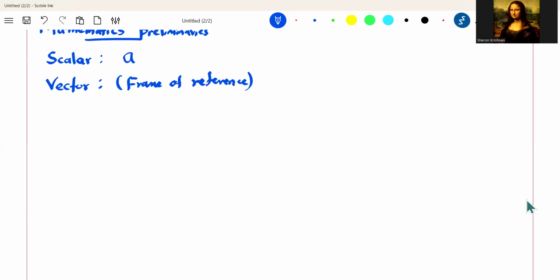You need one stationary point, and at that stationary point we need the coordinate system. For example, in 2 dimensions we have only x and y. So you need one point, and this point is the frame of reference. With respect to this point only, we measure the location of other points.